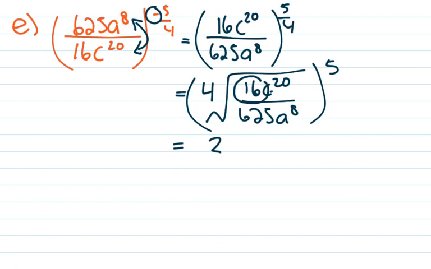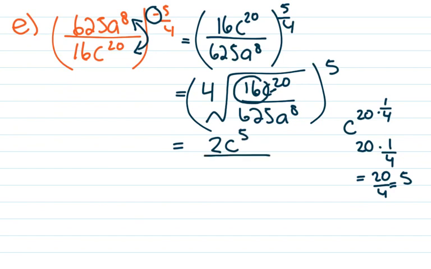Now c to the power of 20, the fourth root of that, it's like saying c to the power of 20 all to the power of 1/4. So I can just multiply 20 by 1/4. So 20 times 1/4 is the same as 20 over 4, which is equal to 5. So that would be c to the power of 5.